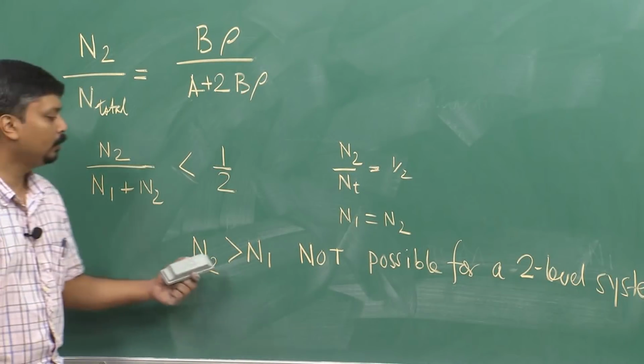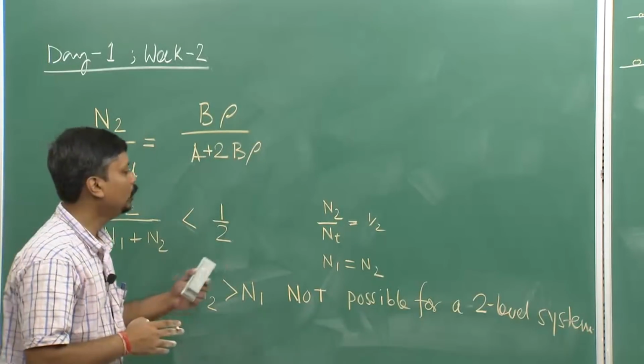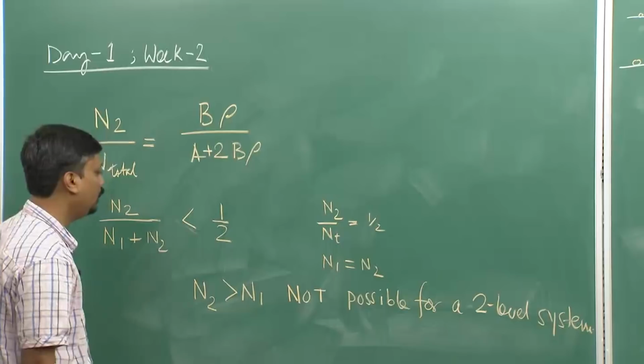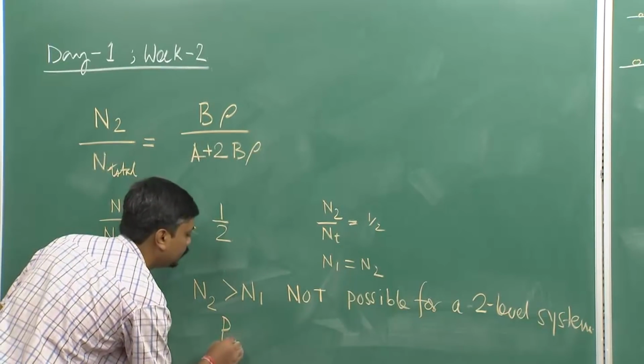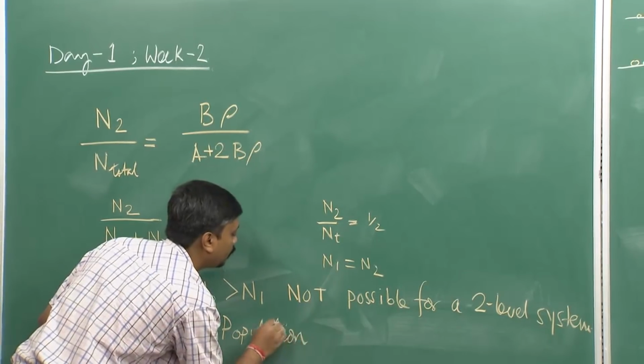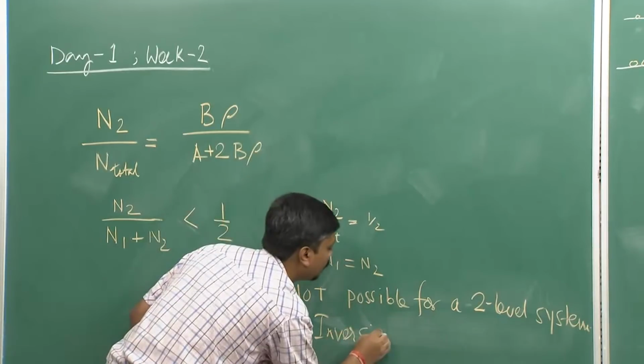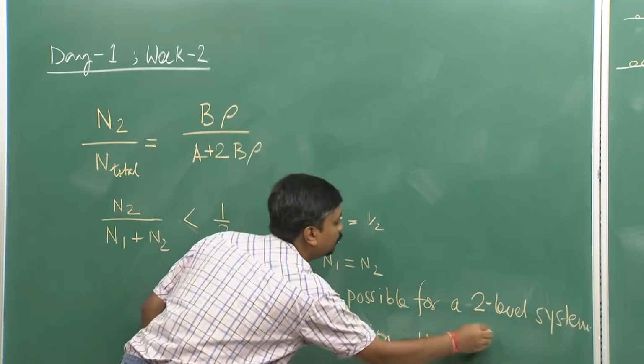This condition, N2 by N1 greater than 1, is not fulfilled in a two level system, or in other words, population inversion is not possible for a two level system.